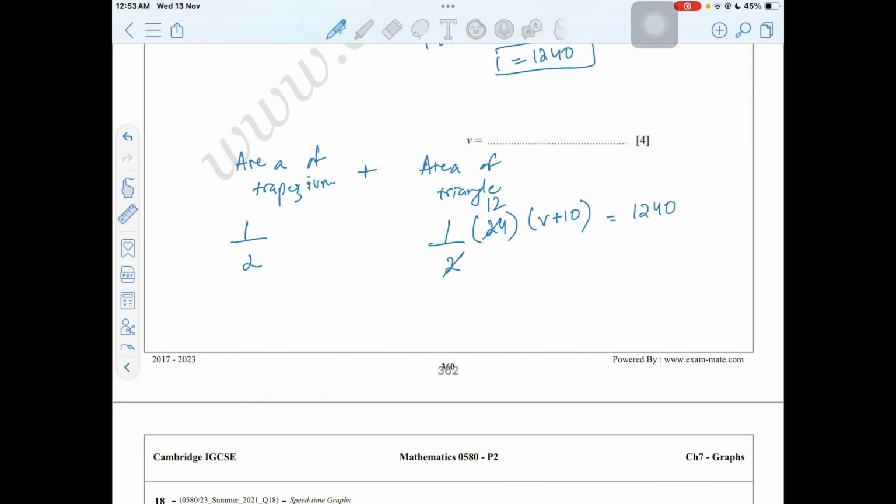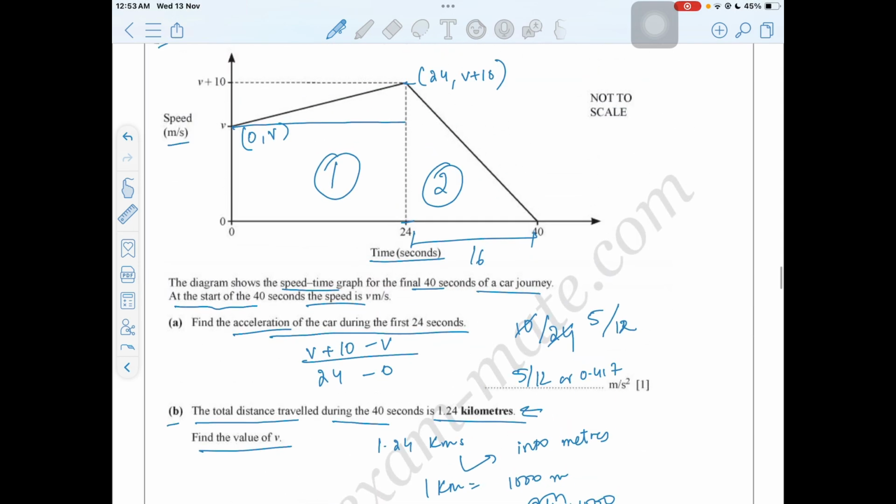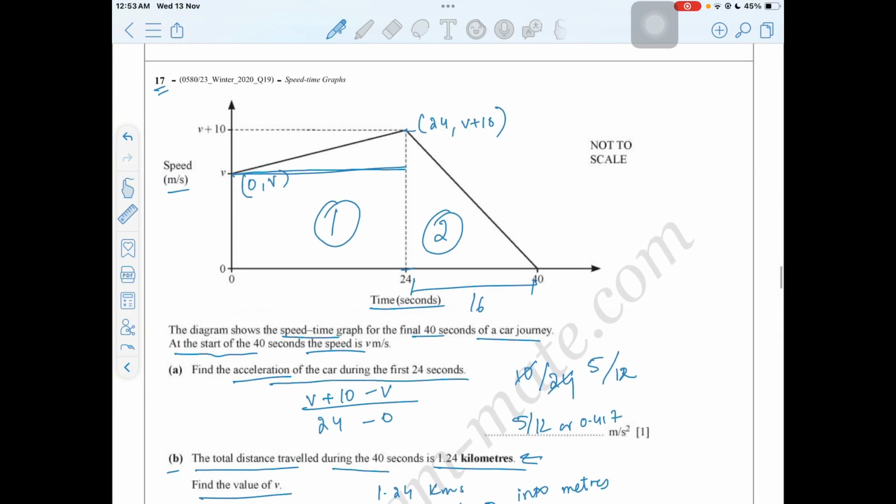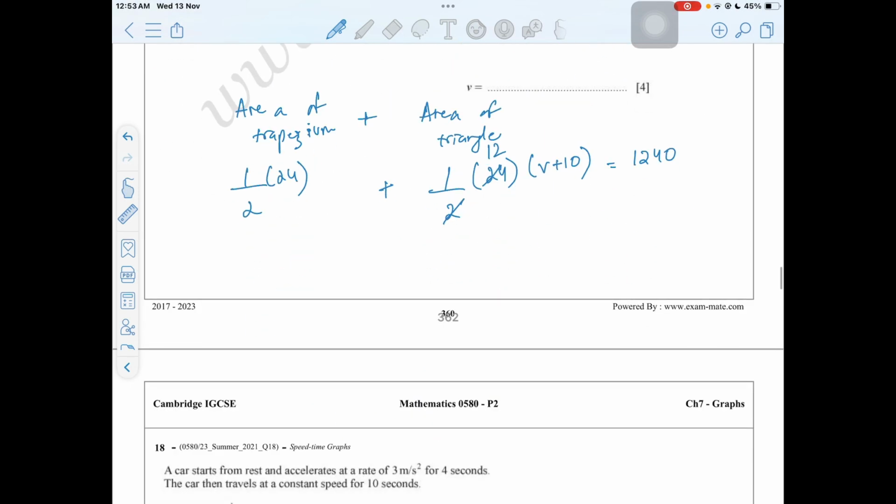This would be cancelled out. And for the area of the trapezium, we have height as 24, and we have the sum of parallel sides as v, this is v, and this is v plus 10. Right? So this would again be cancelled out, right?